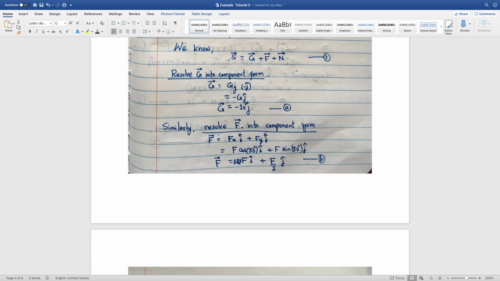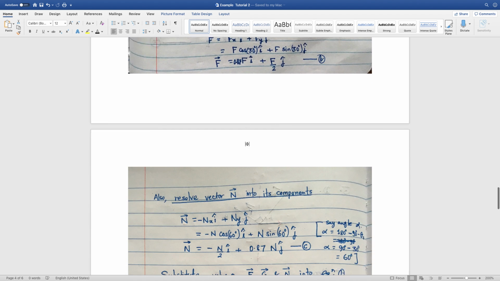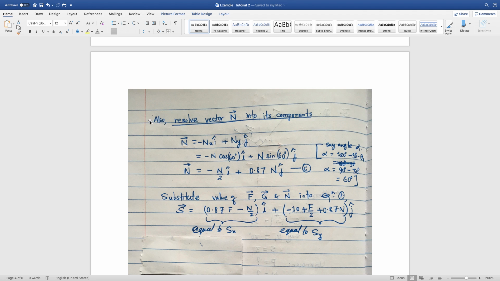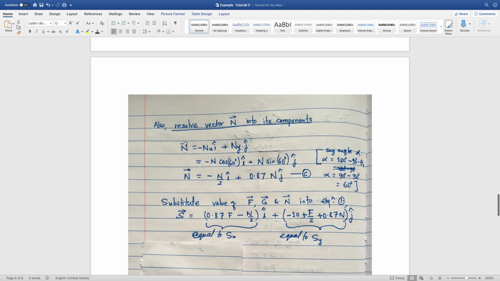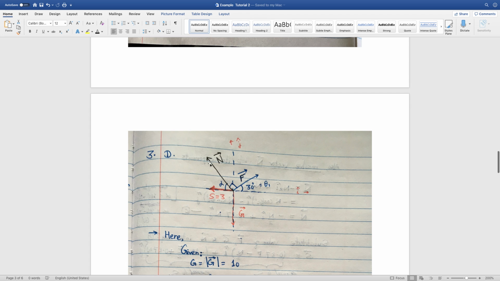Similarly, resolve vector F into component form. I'll let you guys do this. And then also resolve vector N into its components. So vector N, let's go back and look quickly at the diagram. This vector N, right, it's in the second quadrant.